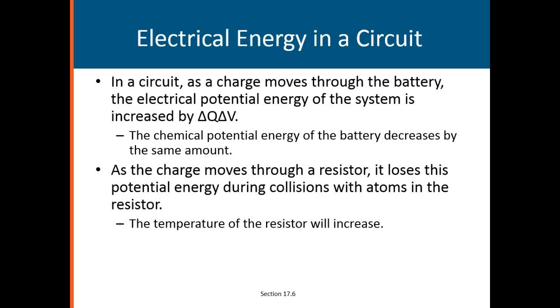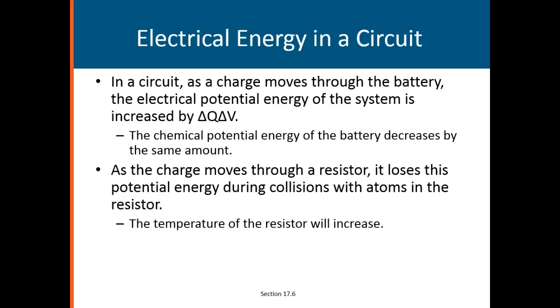The potential energy increases by that amount. Now that should make sense, right? Because what is voltage? Voltage is energy per charge, so therefore energy would be charge times voltage difference. And that's exactly what you got here.